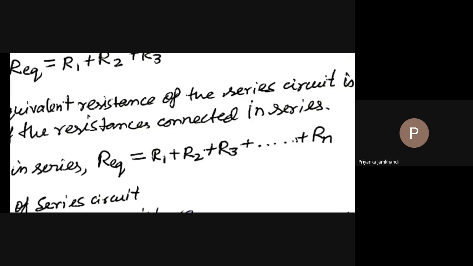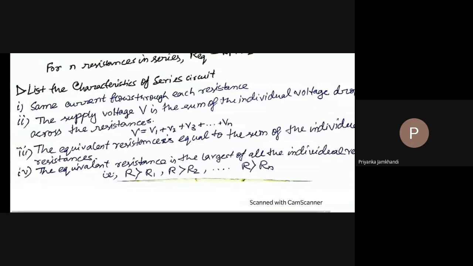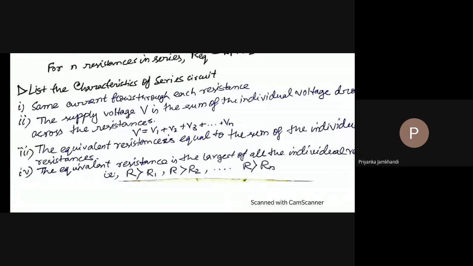That is, Req is greater than R1, greater than R2, and greater than Rn. So in general, this is all about our series circuit. Everyone understood? Any questions?